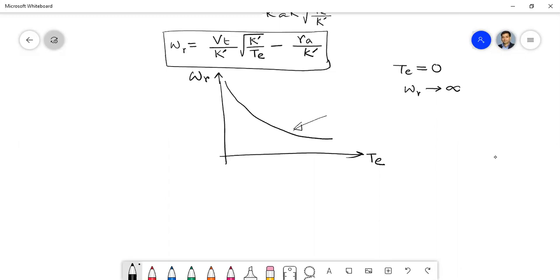Okay, but anyway, it will be hyperbolic only, but with a different steepness, maybe the slopes are different from a normal hyperbola. So I am just drawing the nature here. It may be somewhat steeper.